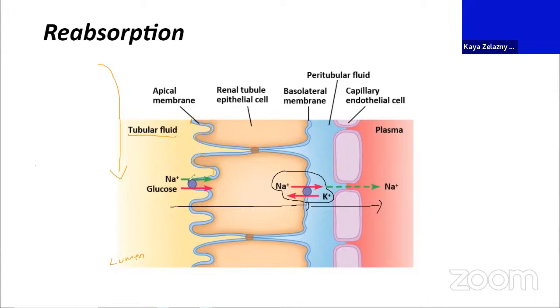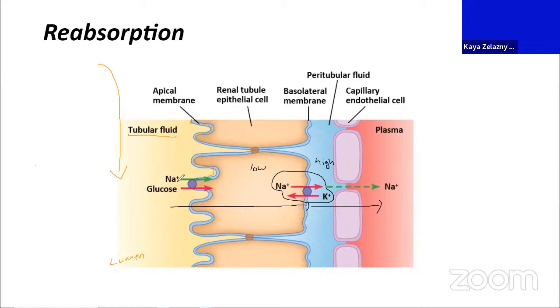So creating a sodium gradient across the renal tubule epithelial cell. So when we have a sodium-potassium pump, right, this means that we're taking sodium, moving it against its concentration gradient. We're doing the same thing with potassium. So basically, we're creating low sodium inside the cell and then higher sodium outside the cell. Okay.